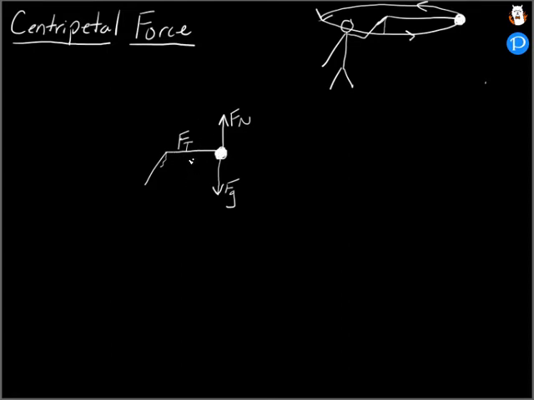Now here's the other interesting thing: you might also want to think that there's a force going this way. Even if you're on a ride at the fair, something like the Gravitron, when you're spinning in a circle, you feel like something is pushing or pulling you out this way.